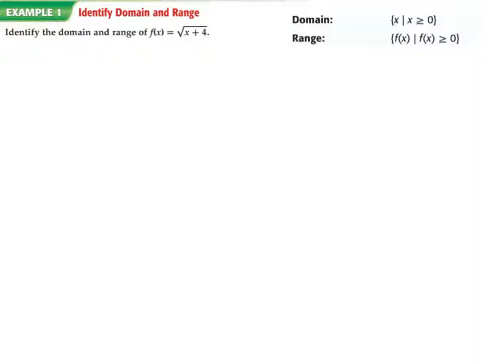So we need to take whatever's under the radicand, which in this case is x plus 4, and set it greater than or equal to 0, because we know that it cannot be negative. Then we're going to solve for x.